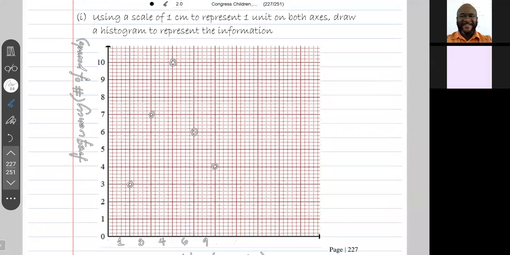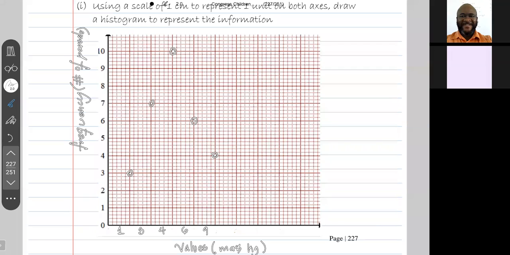So let's get our bars. The first bar, the height is 3.